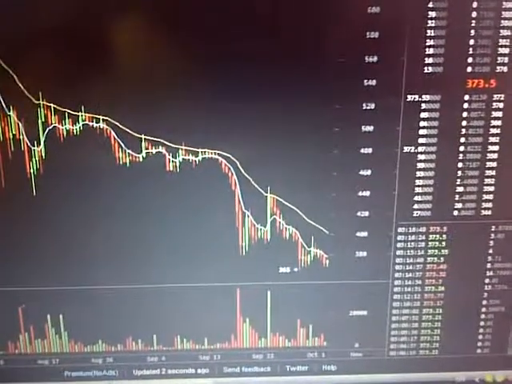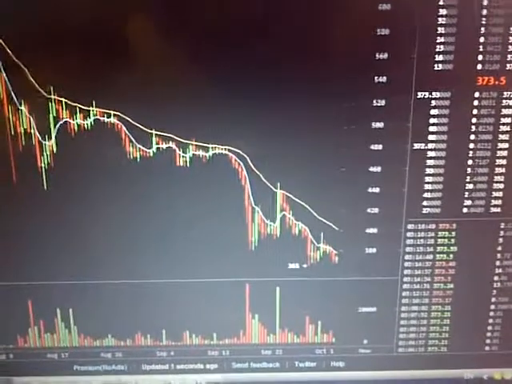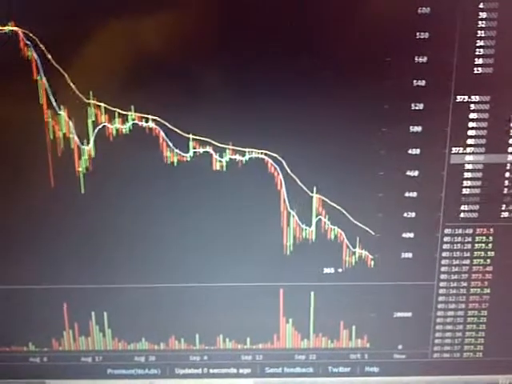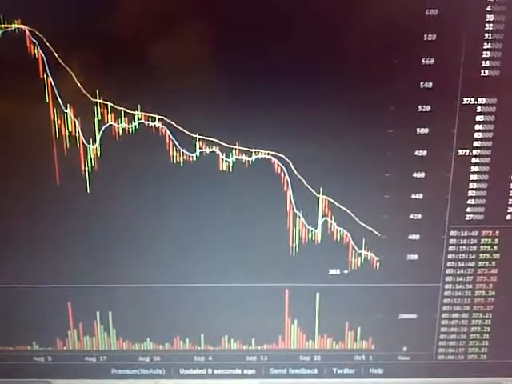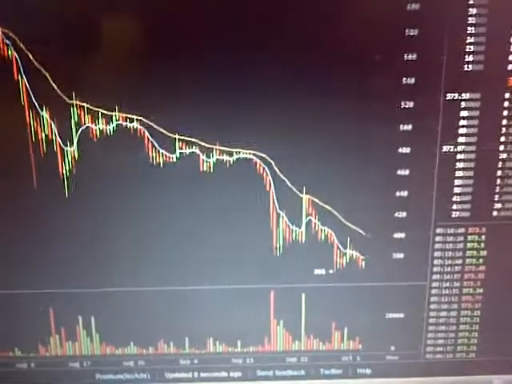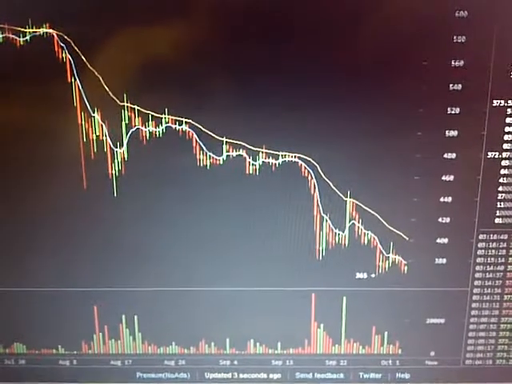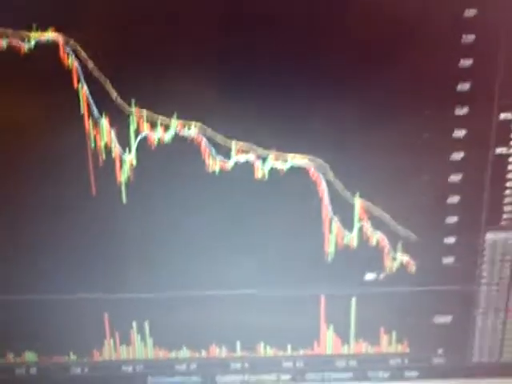I'm putting my eggs in different pricing levels, and that would ensure that I can mitigate some of the risk if it continued going down further, or I can make a lot of gain if it went up. So those are some things that you can do.